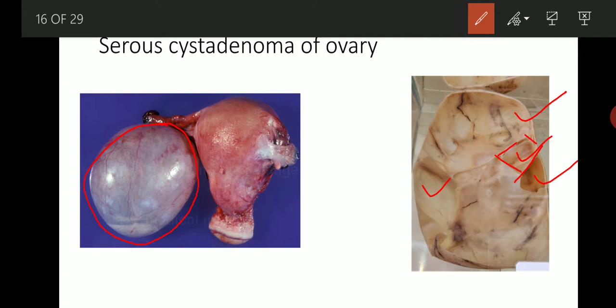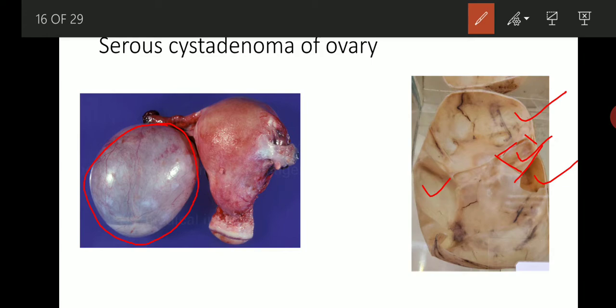And the serous tumors usually contain a very thin watery type of fluid inside the cyst lumen, whereas the mucinous tumors will contain a thick mucoid, gelatinous material within the lumen. That is how grossly serous cysts and mucinous cysts are distinguished from each other.